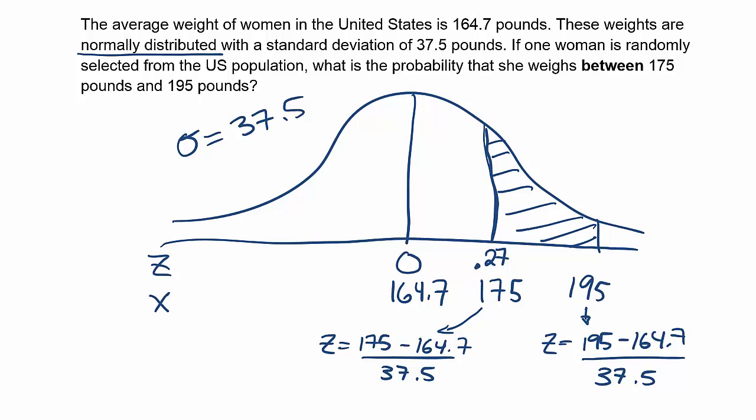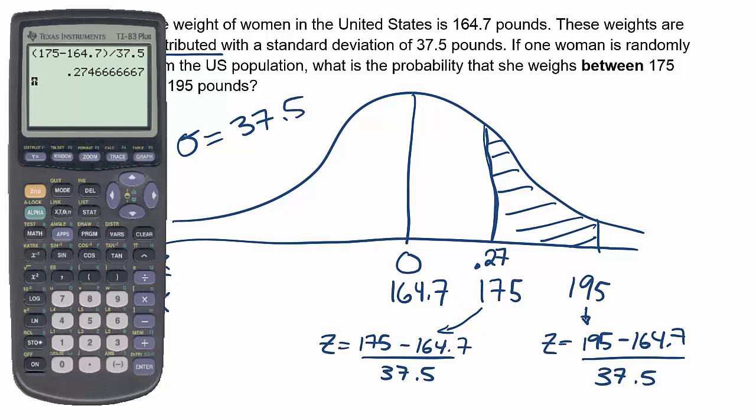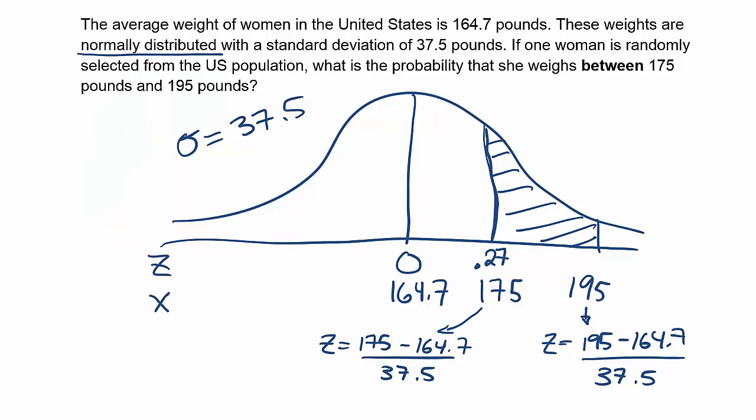Now I'm going to do the same for 195. Basically, I can just recall that computation and change the 175 into a 195. When I do that, I get 0.808. Rounding it off to 2 decimal places, I'll get 0.81.